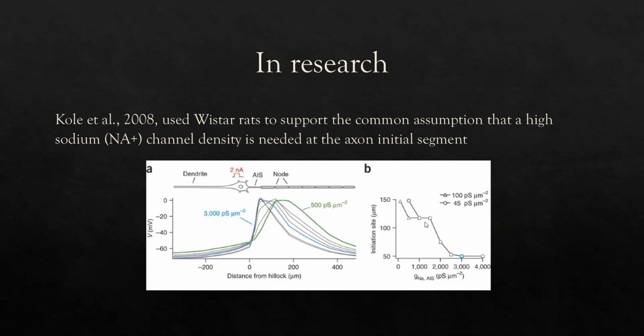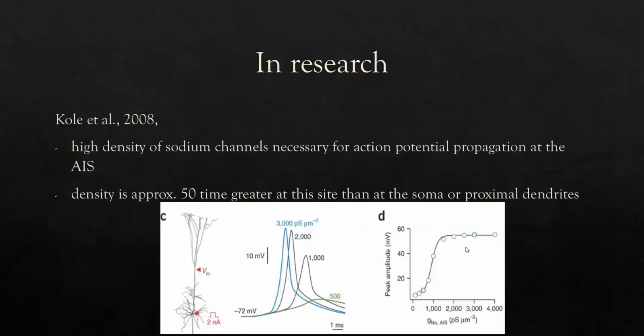Here in part B, we see the site of action potential initiation, which is the distance from the axon hillock, versus the AIS sodium channel density. Again, these are just visual representations of the research. Continuing on, we also have in this figure the morphology of the model neuron with dendritic recording location indicated.